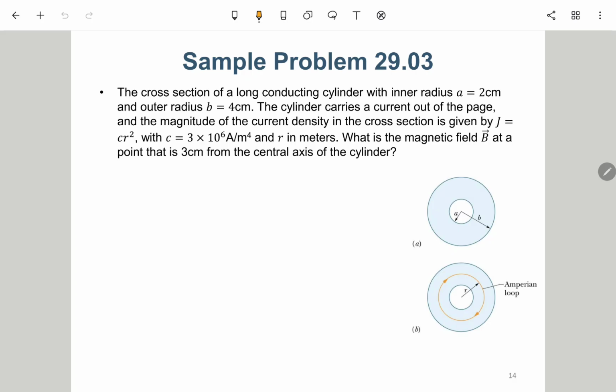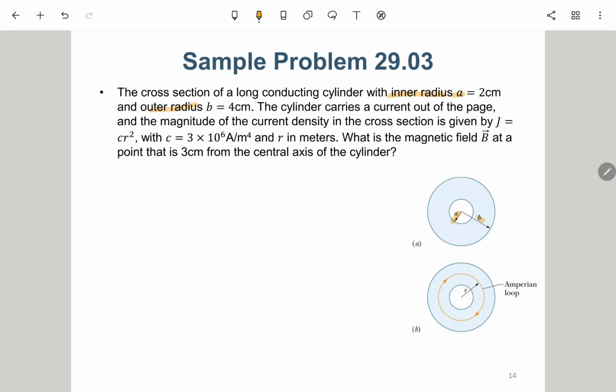Okay, let's take a look at another sample problem. It says the cross-section of a long conducting cylinder with inner radius a, and this is the outer radius b.